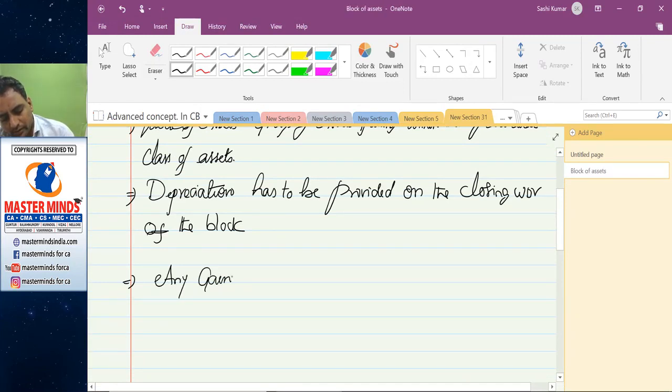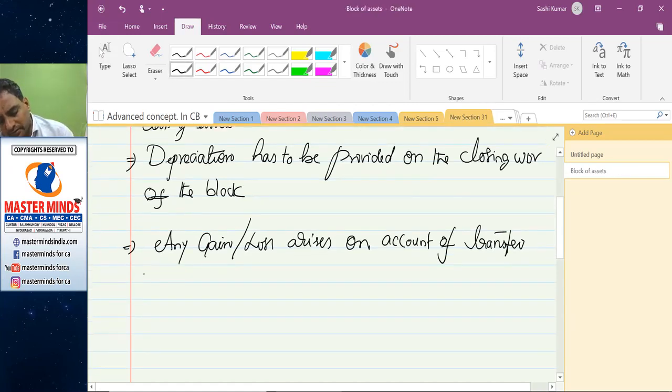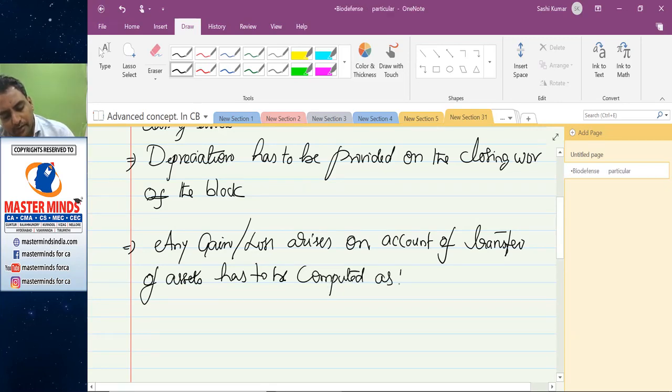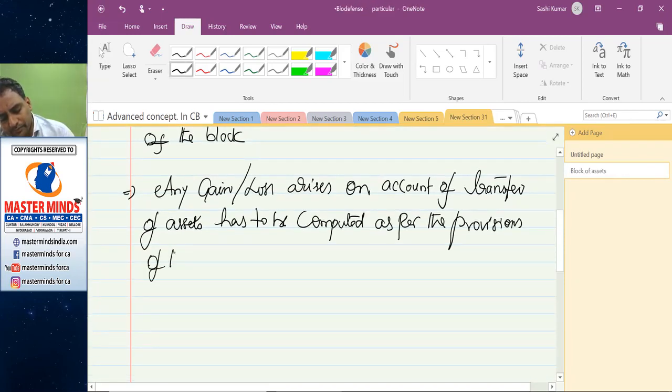Any gain or loss that arises on account of transfer of assets has to be computed as per the provisions of the Income Tax Act.